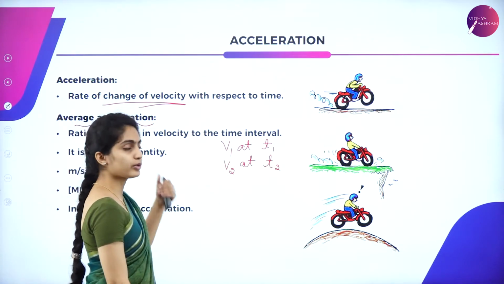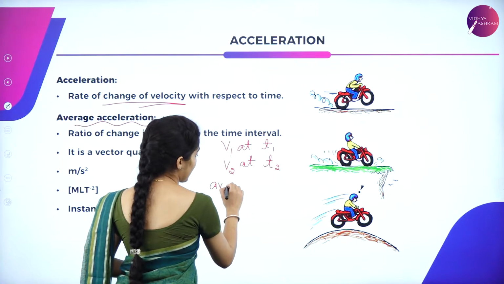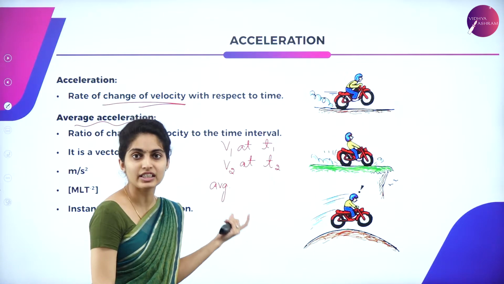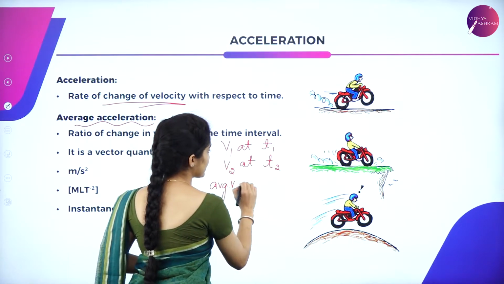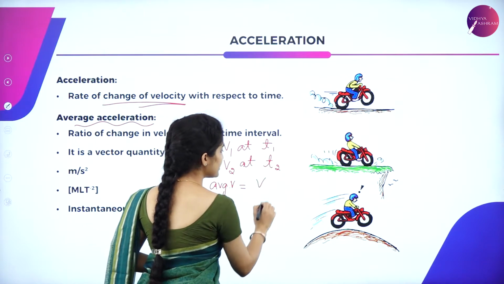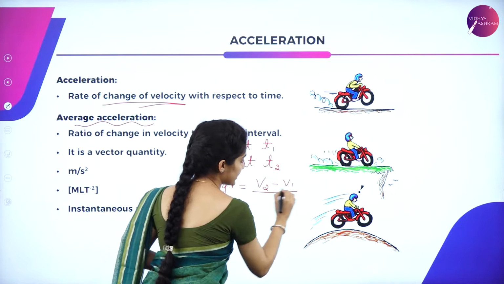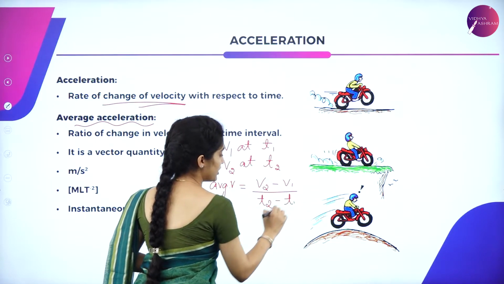So how do you calculate this average acceleration? I'm writing a short form, but actually you're supposed to write the complete term, average. Average acceleration is equal to v2, the final velocity, minus initial velocity, divided by final time taken minus initial time taken.